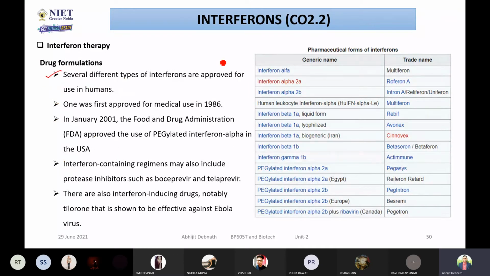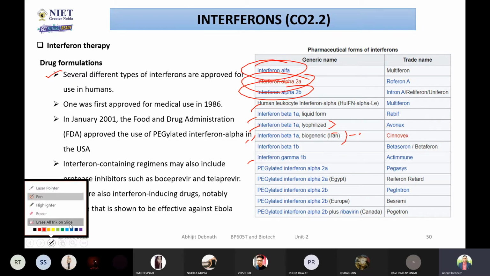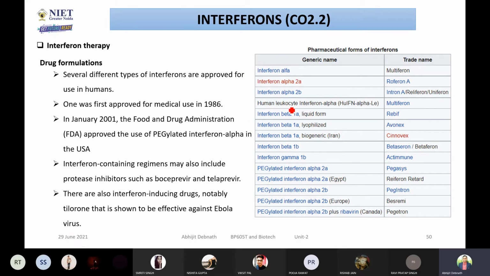Nowadays, we are giving various interferons, like interferon alpha 2A, interferon alpha 2B, then human leukocyte interferon alpha, then interferon beta 1A, interferon beta 1A in lyophilized form, then interferon beta 1A given in Iran, in another country, then gamma, then pegylation, etc. So nowadays we are giving interferon to our body in a pharmaceutical formulation.